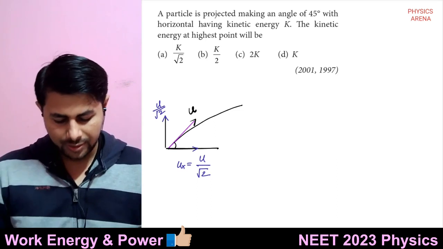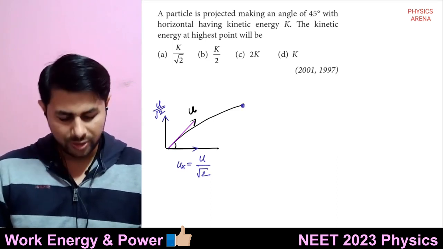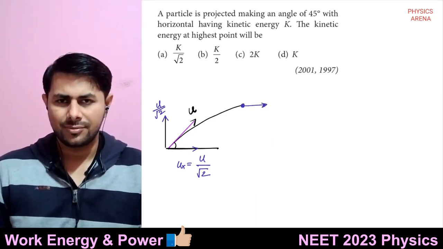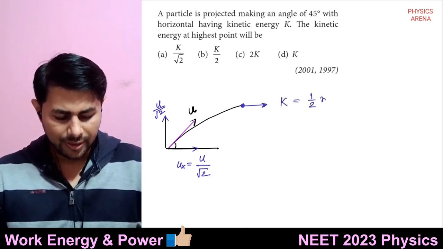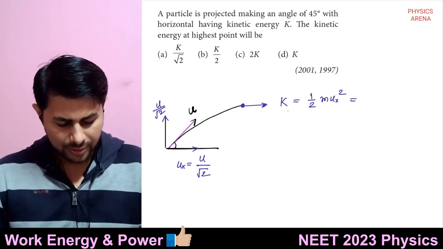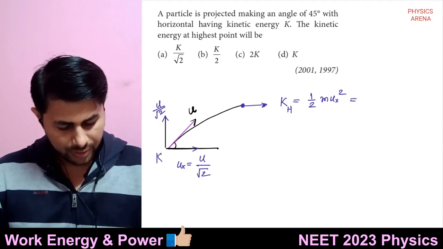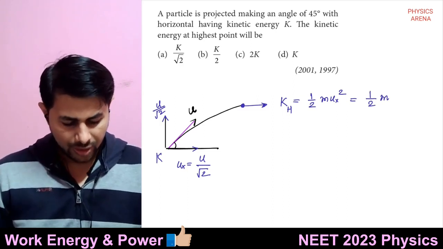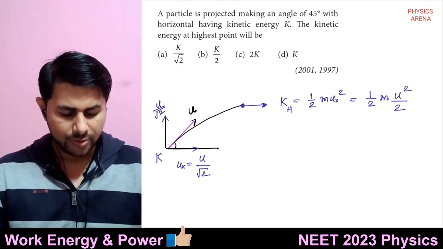And what happens at the topmost position? The body will have only x component of velocity, right? So kinetic energy here will be equal to half of m into ux square only. Let's call it K at h, and this is the original K. So it is half of m into ux square, and how much is ux? (u upon root 2) square, so that is u square upon 2.